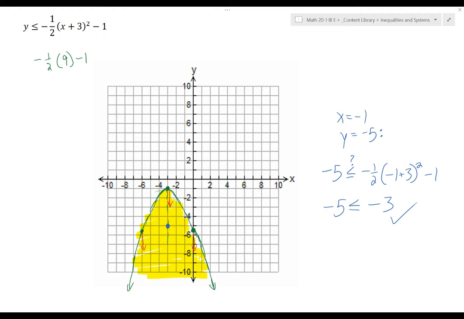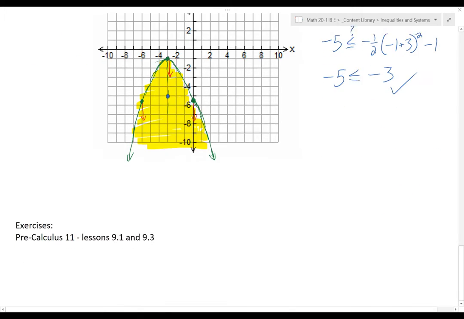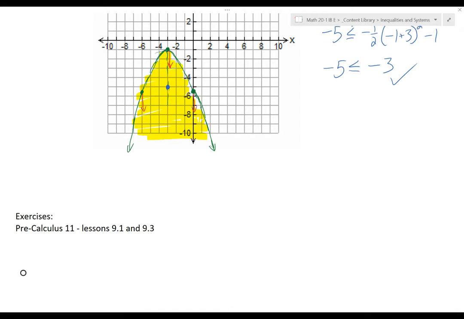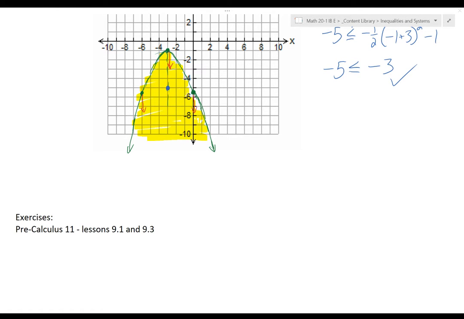And when we draw it, we have to decide if we're using a solid line or a dotted line. And then that will divide the plane into regions. For the functions we're going to look at, it's just going to be 2 regions. And then we choose which of those regions get shaded. So that's the process. To practice it in your textbook, you can look at lessons 9.1 and 9.3.